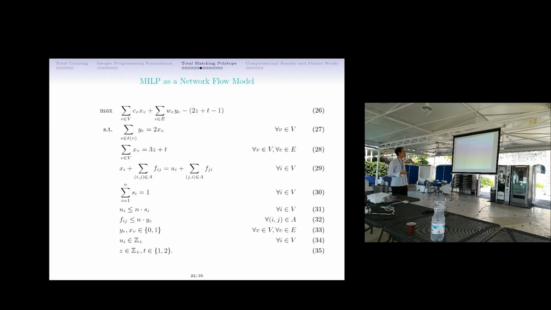Since we do not know the source of this network flow model, the constraint 30 imposes that we have at most one source node that introduces all the flow. The flow variable for the source node for every vertex i is ui.